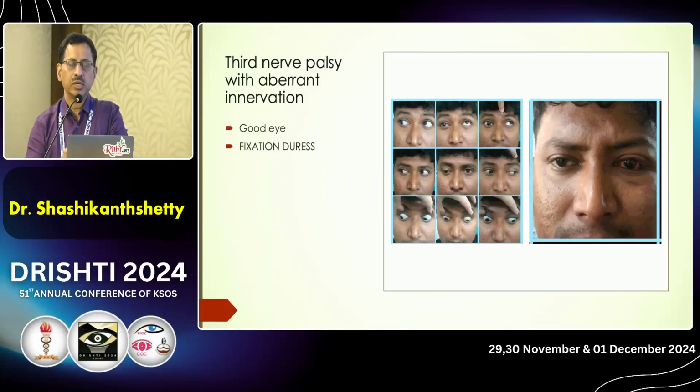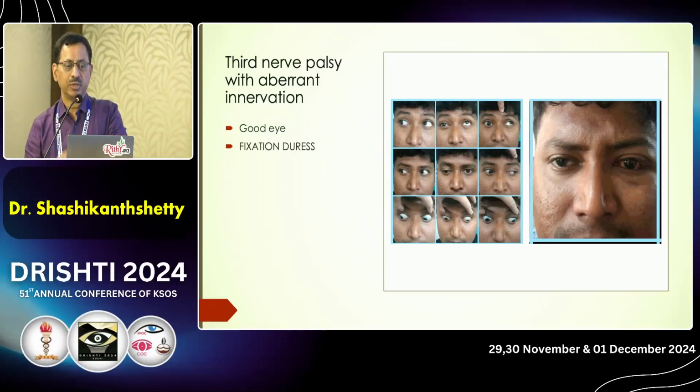And in patients with third nerve palsy with aberrant innervation, in those patients we don't operate on their affected eye, we operate on their non-affected eye. When we operate on the non-affected eye, we create a fixation duress, so we reduce their deviation in the primary position as well as improve their ptosis.